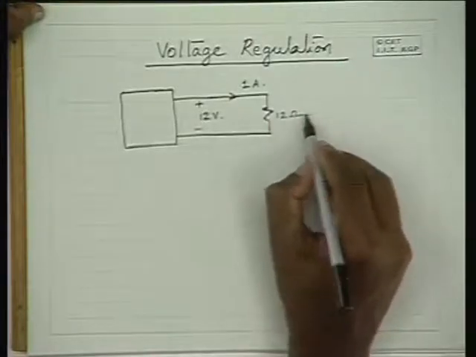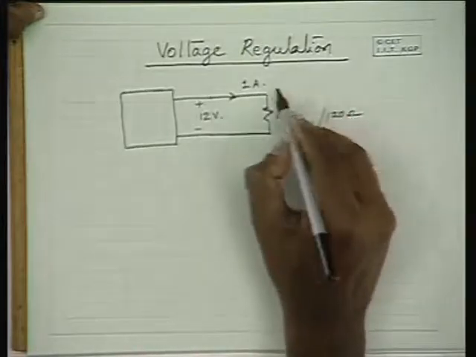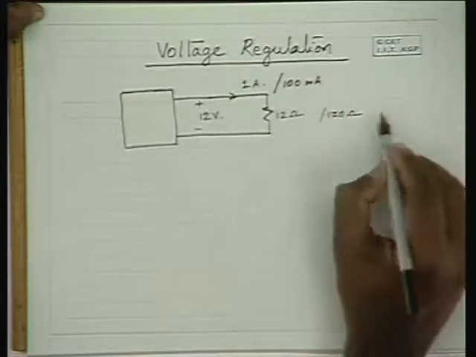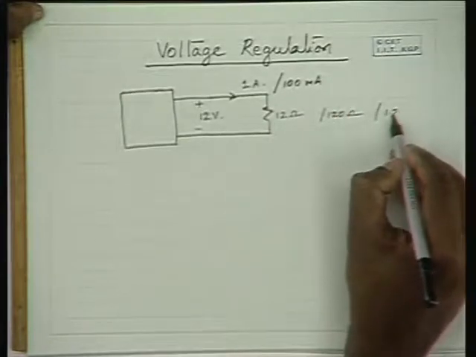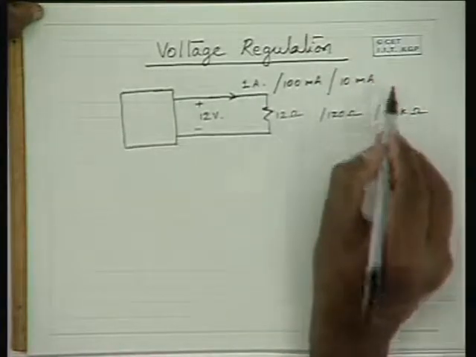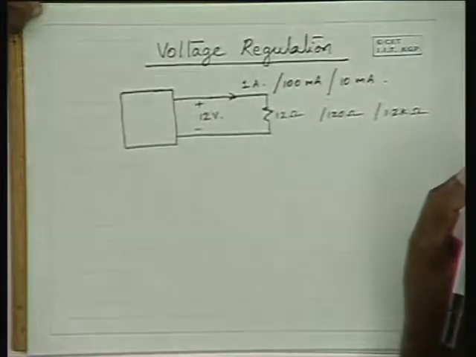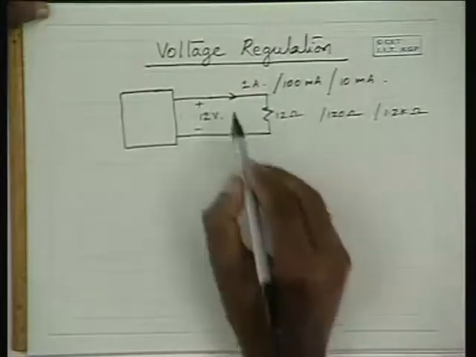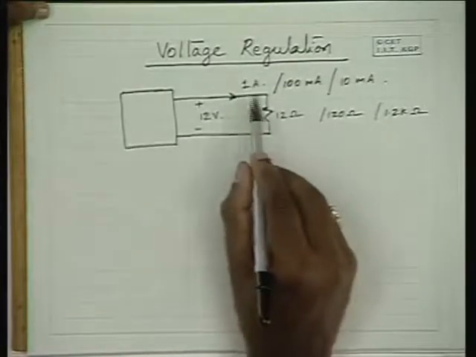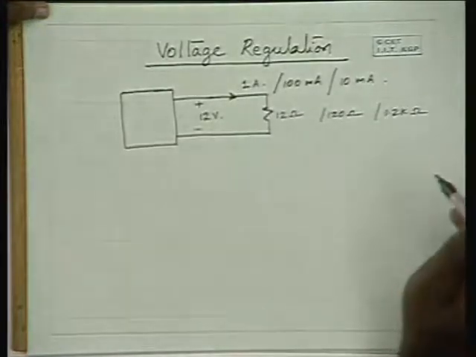And if it is a 120 ohm resistance, it draws only 100 milliamperes. And if it is 1.2 K resistance, it draws only 10 milliamperes. So ideally or practically, we expect the supply voltage to remain constant irrespective of the amount of current you draw from it.